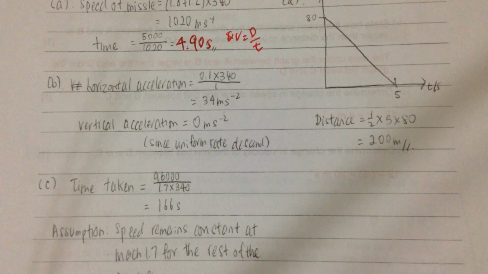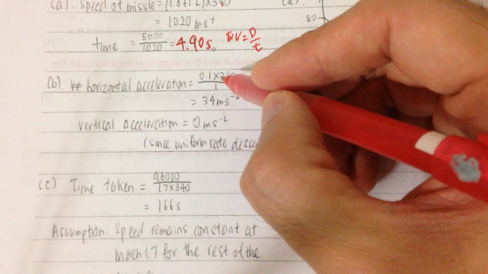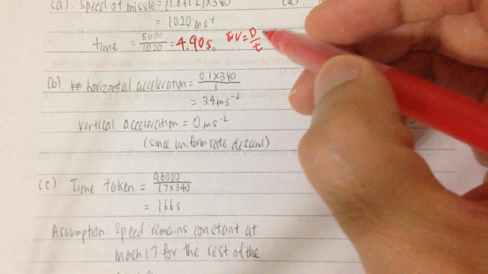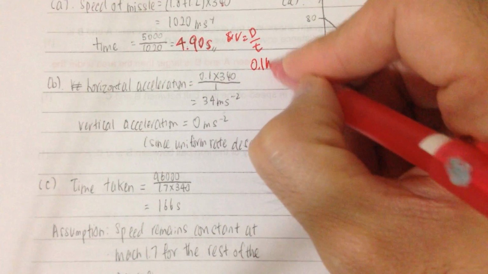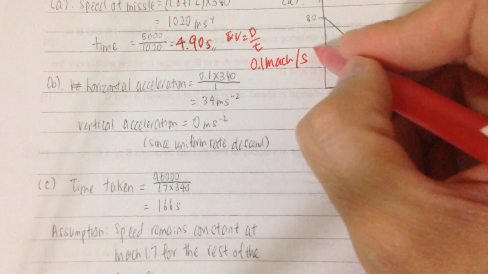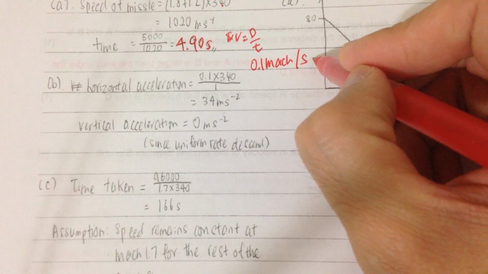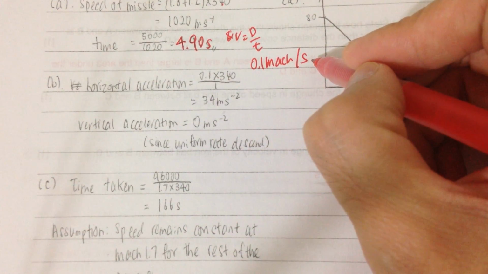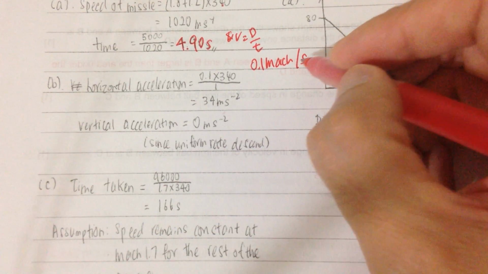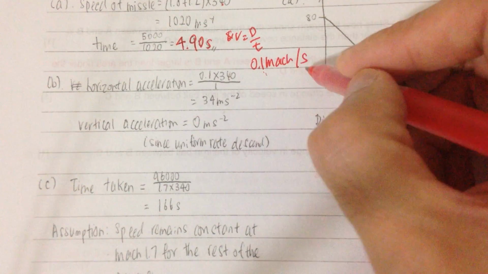Second question, the first information given is that the plane's horizontal acceleration is 0.1 Mach per second. So this information is actually another way of expressing acceleration. It's like the amount of change in speed per second.